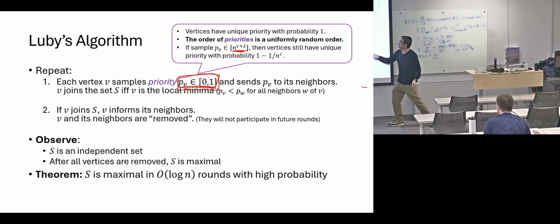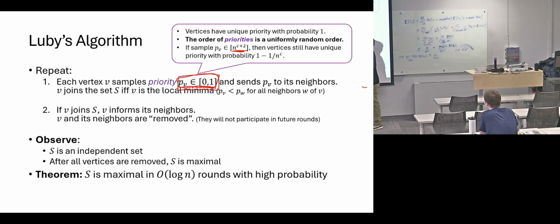If this number is big enough, you still have no collision with high probability. Anyway, I will assume from now on that the ordering of priorities is uniformly random.